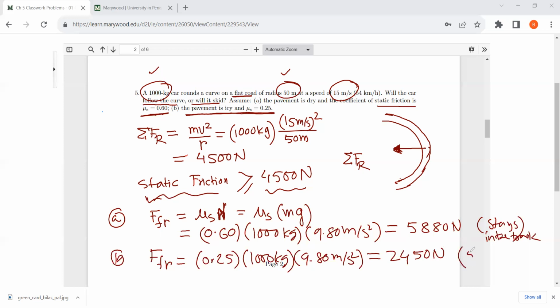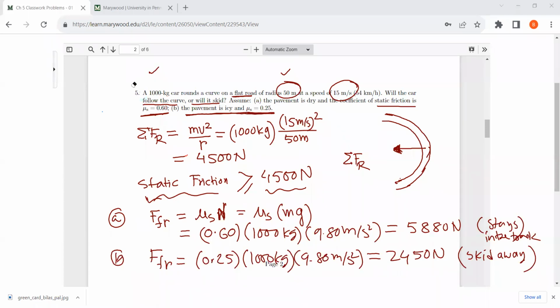This means the car will skid away. So when the coefficient of static friction is higher, the car stays on the track. When the coefficient of static friction is 0.25, it will skid away.